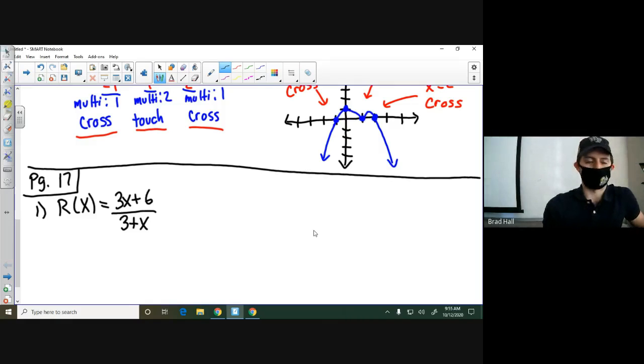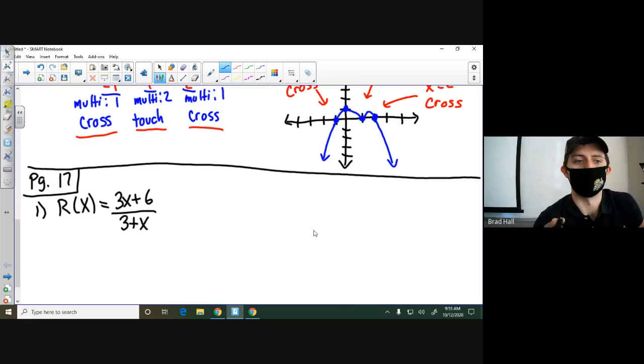So with this problem, what you may notice in the homework is that one of the first things they ask you is to put the rational function into a factored form. Sometimes they ask for that. Sometimes they don't. I'm pretty sure they do for the majority of them.